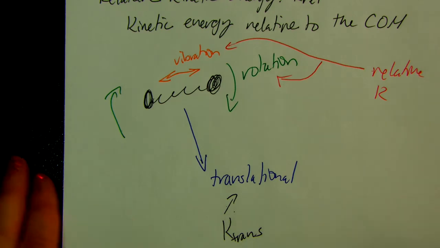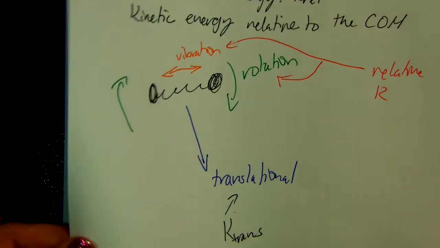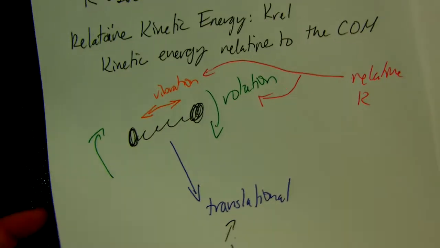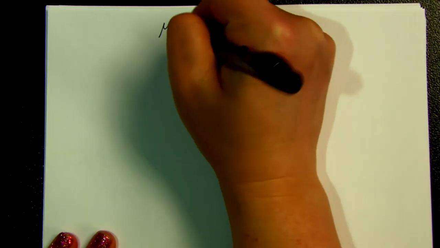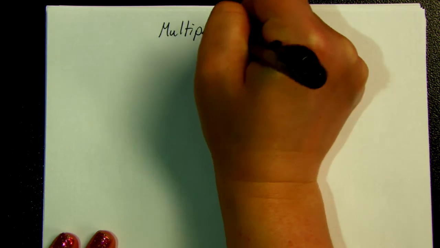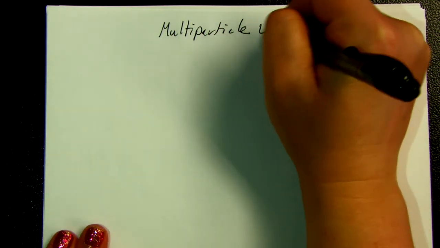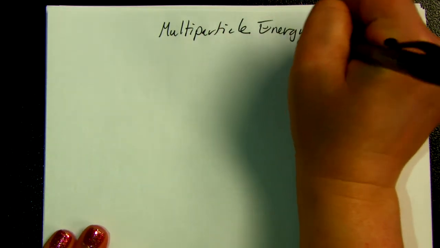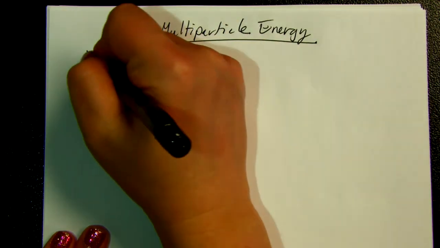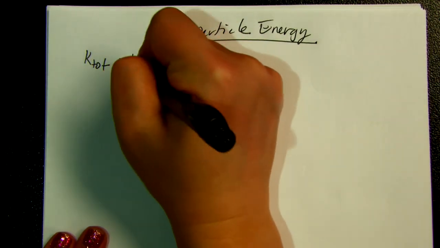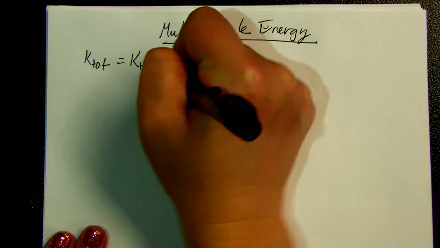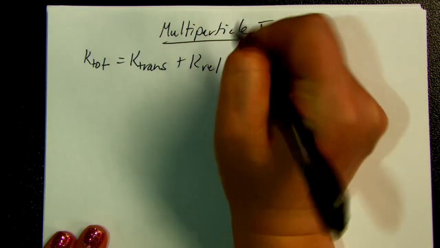Okay, so our expression for multiparticle energy: K total is equal to K translational plus K relative.